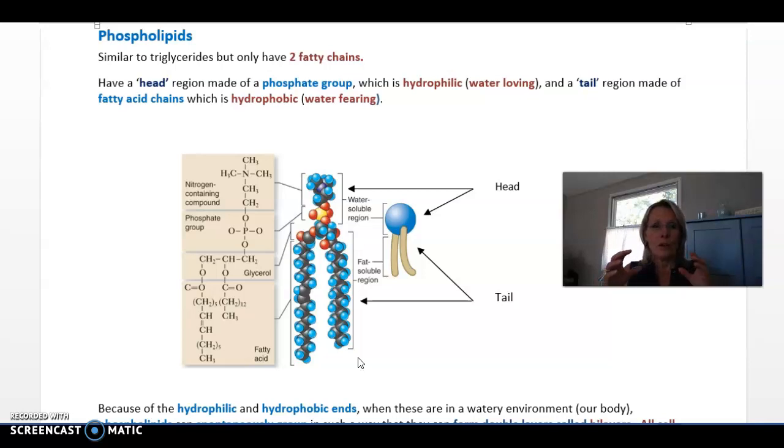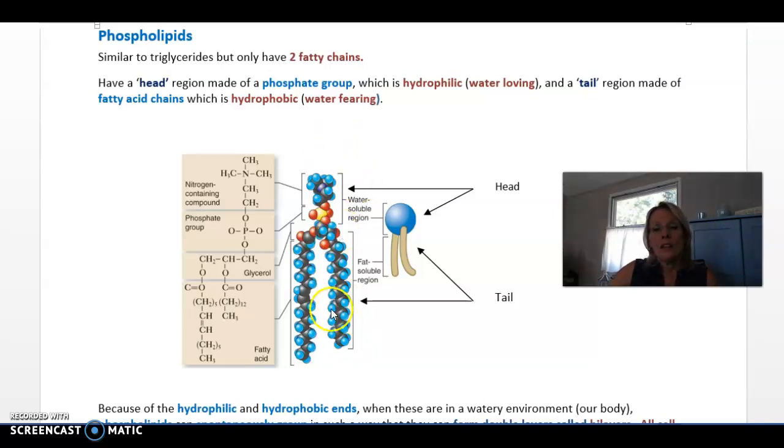So if you think of a water balloon, right? The balloon, the rubber part of the balloon is actually what I'm talking about. That is similar to what a cell membrane would look like. And then the water inside the balloon would be all the stuff inside the cell itself.